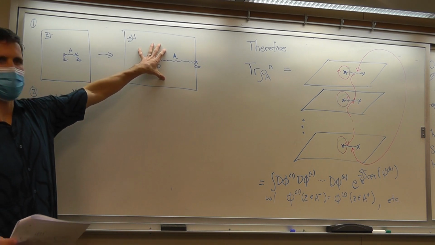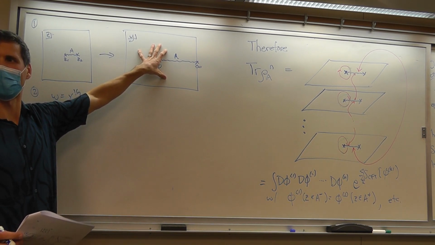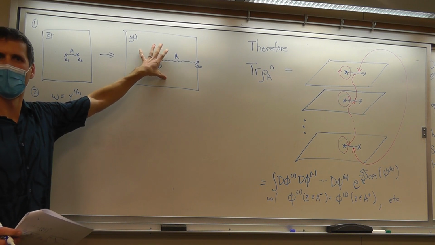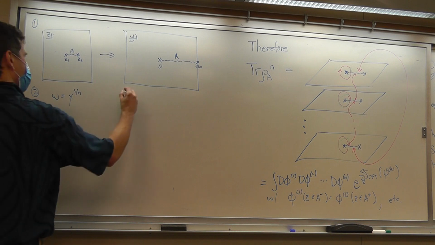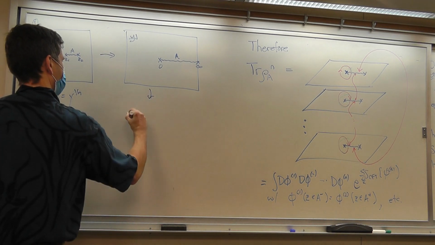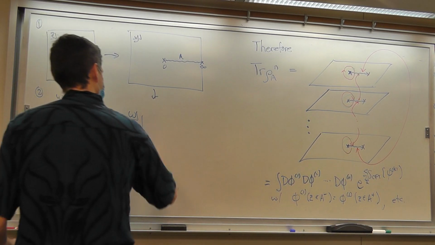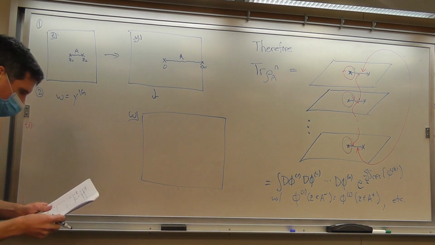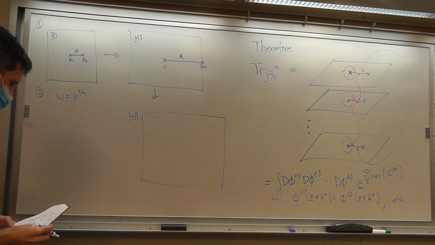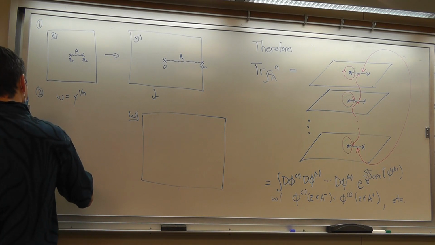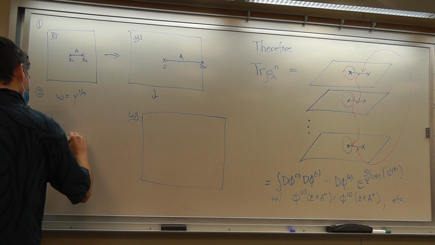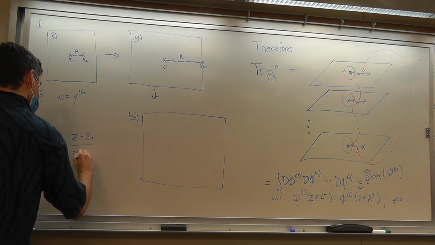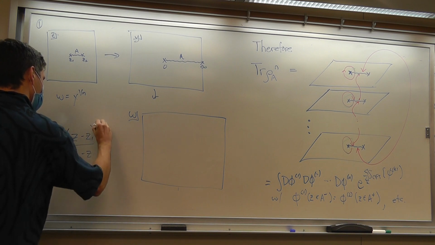We had n copies of this, and we want to squeeze those all onto one picture. So we take the nth root. This takes us on the w plane to just one copy of the w plane, where w is y to the 1 over n, which is ((z minus z1) over (z2 minus z)) to the 1 over n.